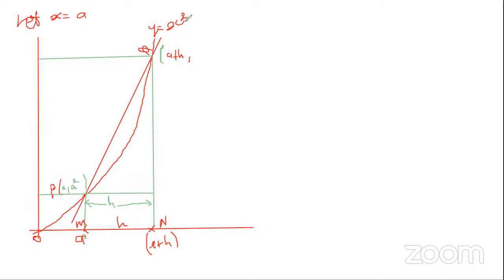Y is x squared. So remember here, our x is a plus h. And then our y is supposed to be x what? X squared.